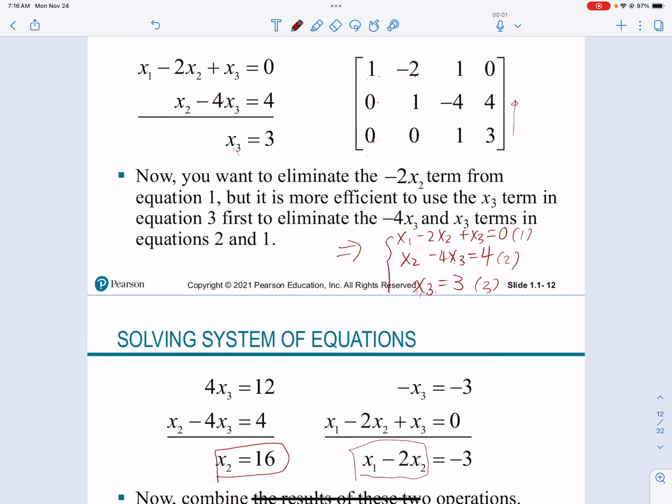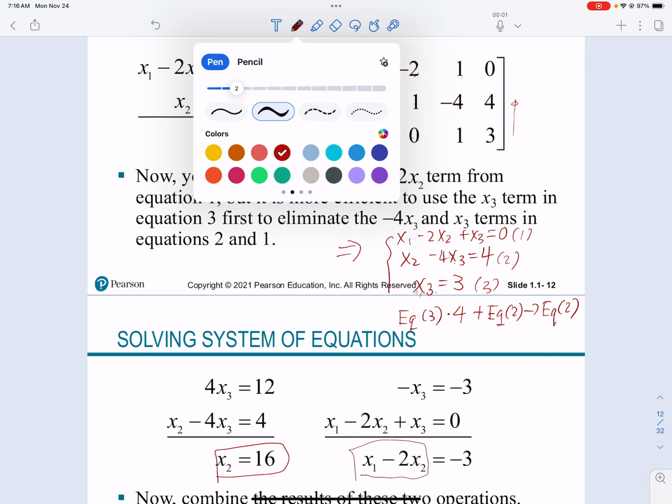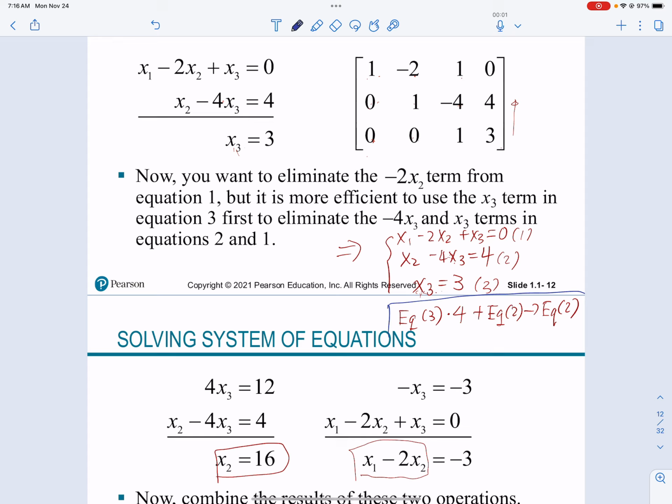How could you get rid of x3? This is equation 3 times what? 4. Yeah, so you want 4x3, you add negative x3. You plus equation 2 will be the new equation 2. Are you guys with me? So this is one of the key things for the substitution back to solve for x2.